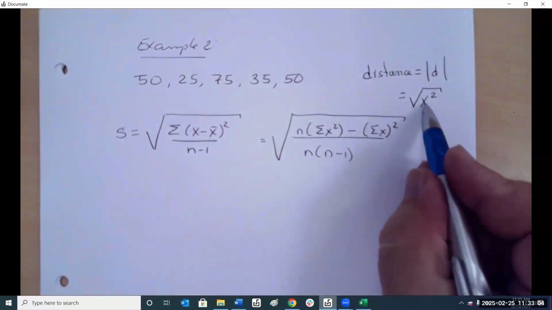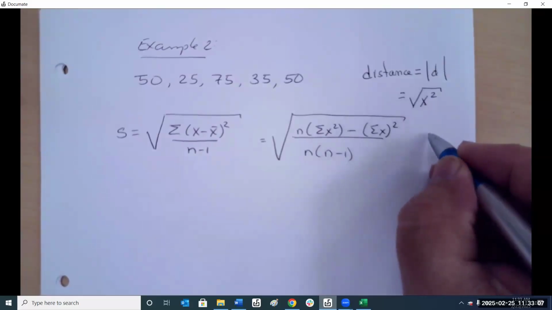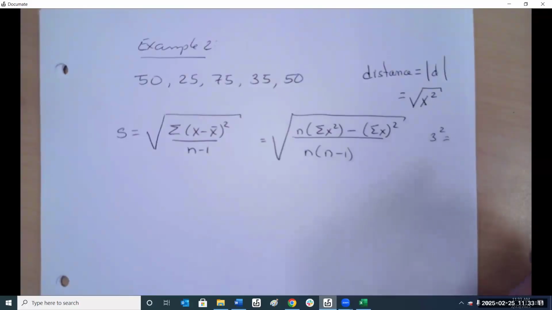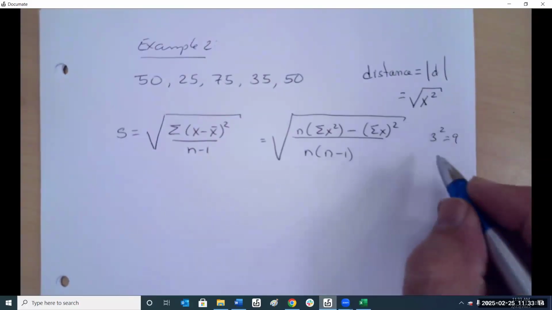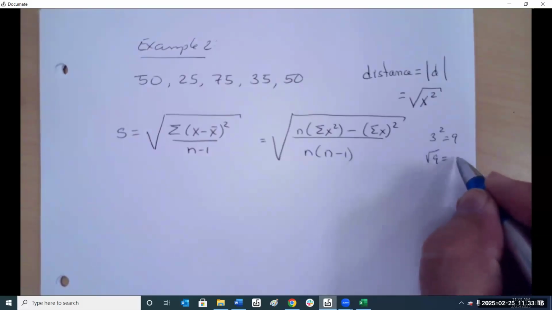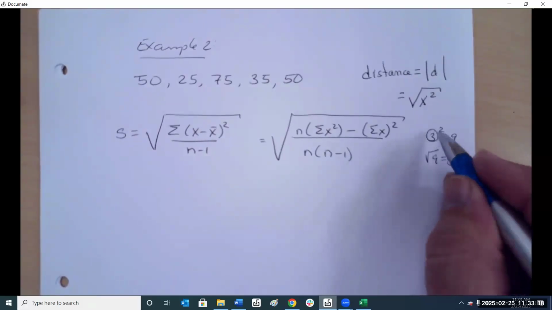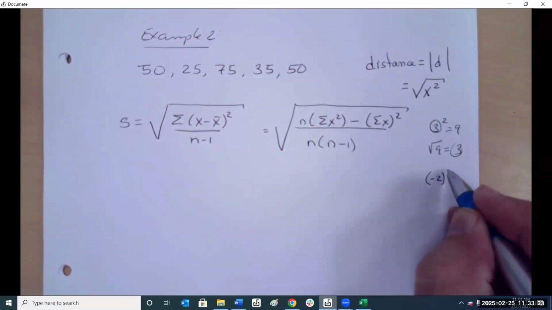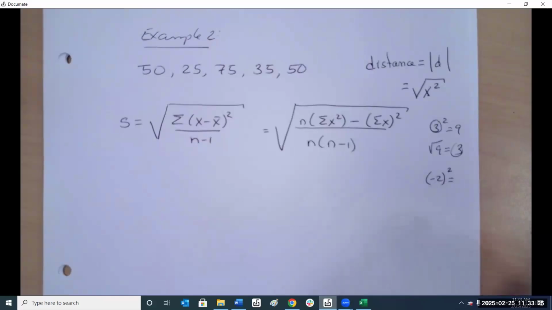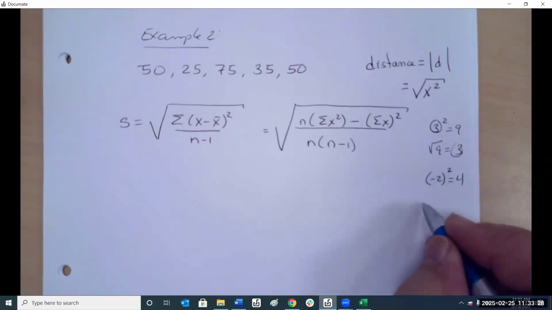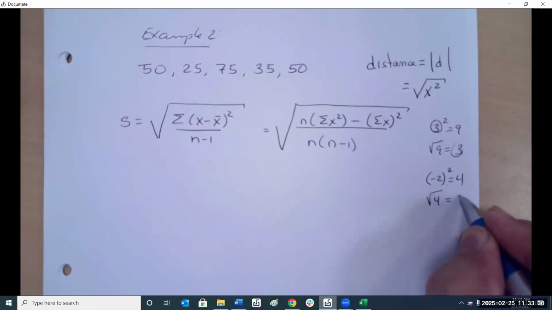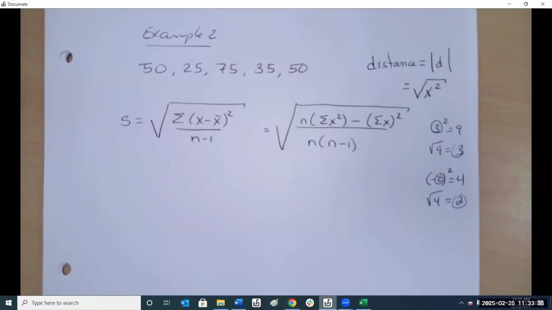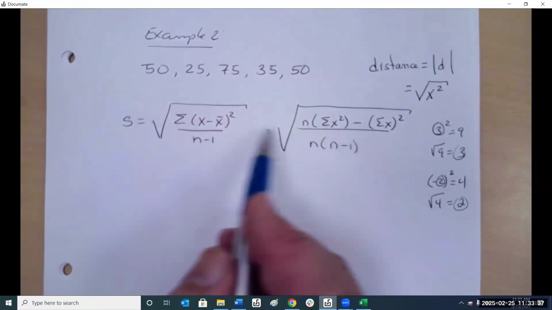Because if x is positive, let's say x is 3, and I square it, what does that become? 9. And if I square root 9, I get 3. I get what I started off with. If my x is -2 and I square it, what do I get? +4. And I square root +4, I get 2. The distance, how far it is from 0. That's what the absolute value is, and that's why these are set up the way they are.